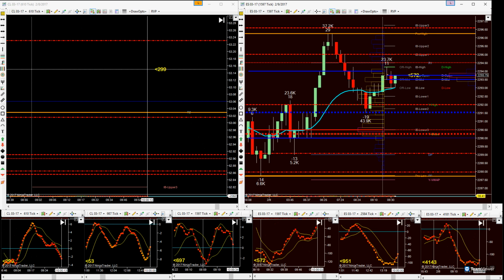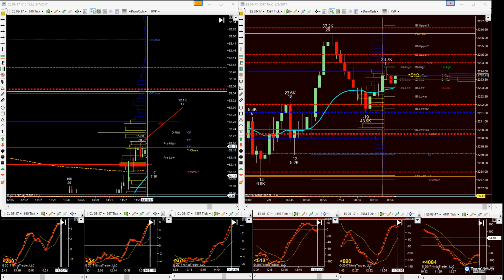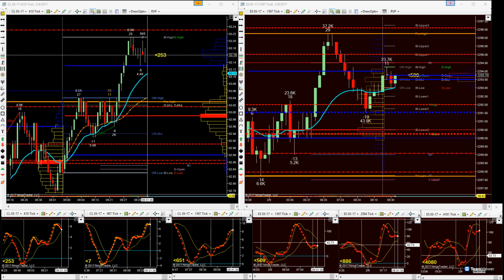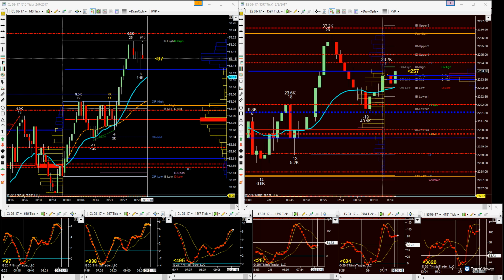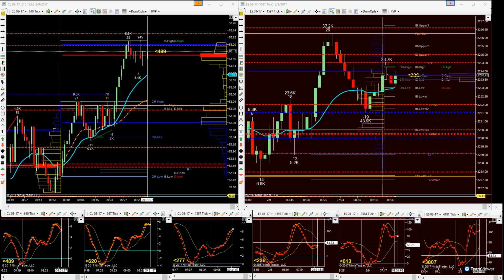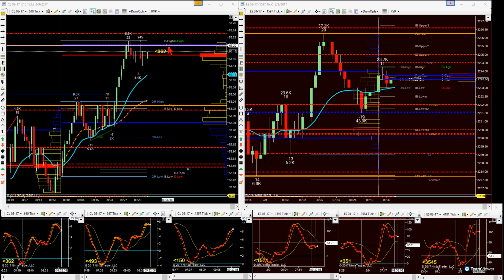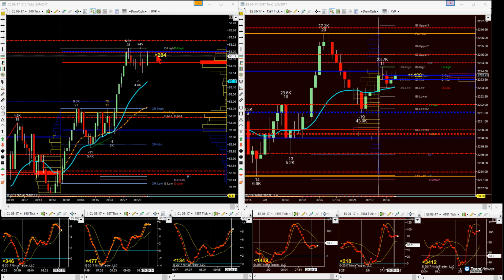I'm going to draw something from the hourly chart over here on oil. We have a naked VPOC from a couple days ago. Let me show you where that lines up. Look how nice that stops right there.